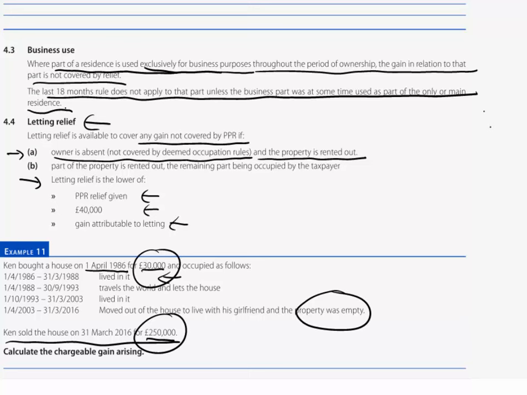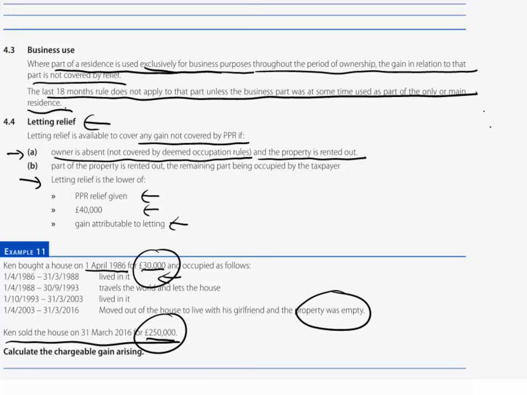If from the day you acquired to the day you sold, throughout the period of ownership, that particular part of the property has always had the business use, then you can't exempt the further 18 months of that period in relation to your PPR relief. The last 18 months rule does not apply to that part, the business element, unless the business part was at some point used as part of the only or main residence. Again, it's a tiny little point.